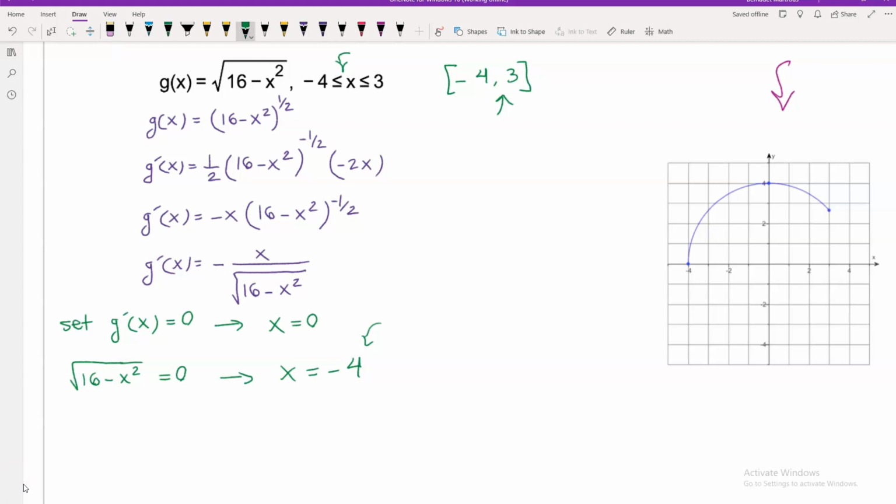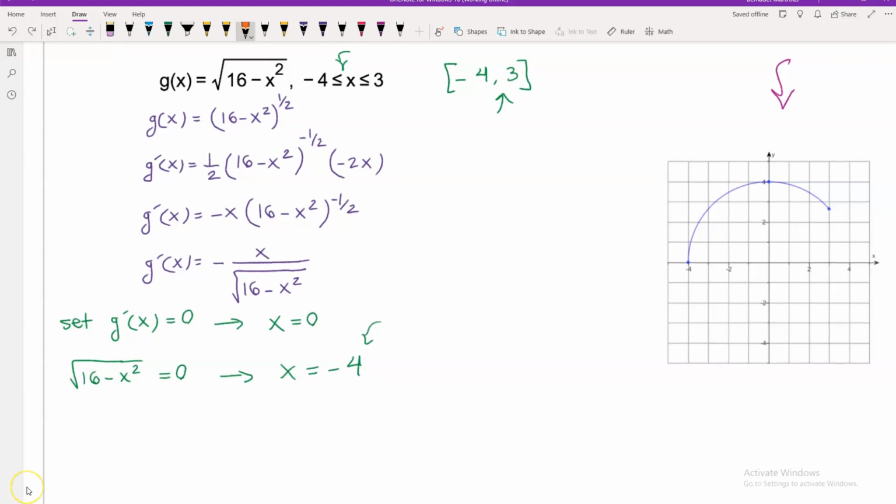So these are what we have for critical points, and now we have to evaluate our function based on critical points and endpoints. I'm going to find g of 0, that is the square root of 16 minus 0 squared, that is 4.